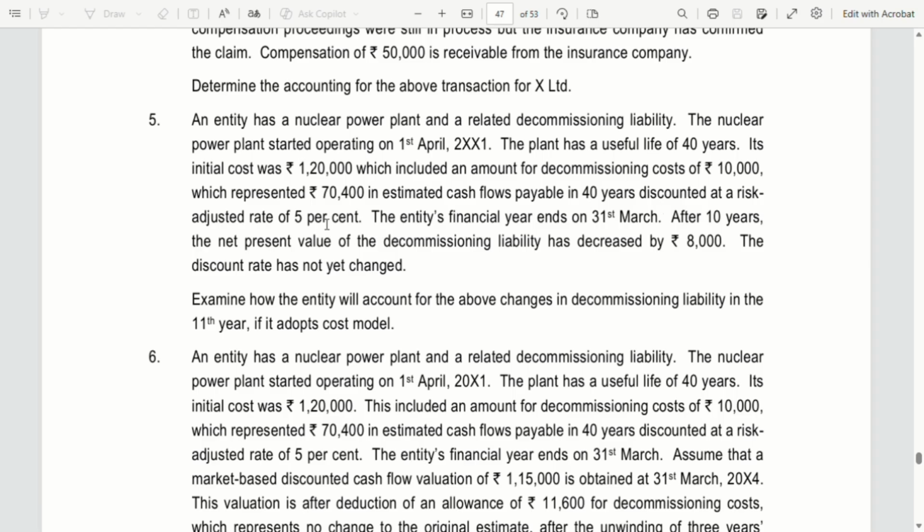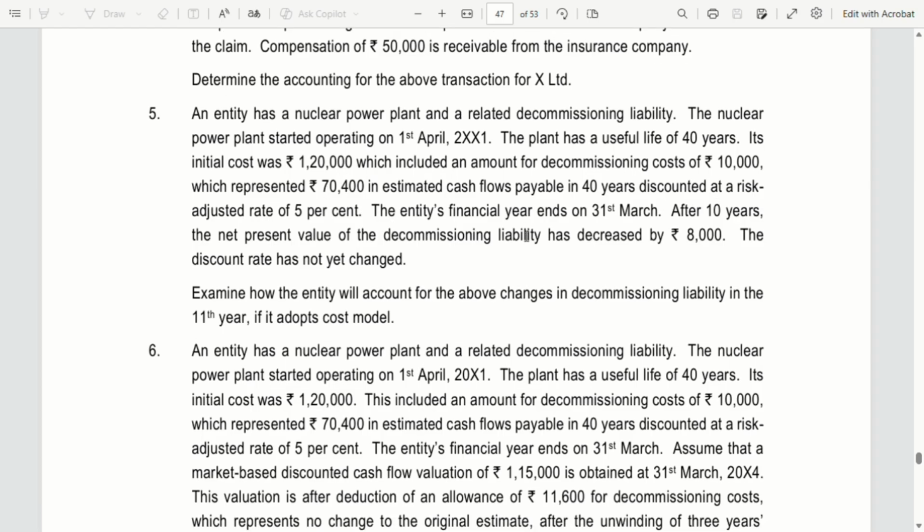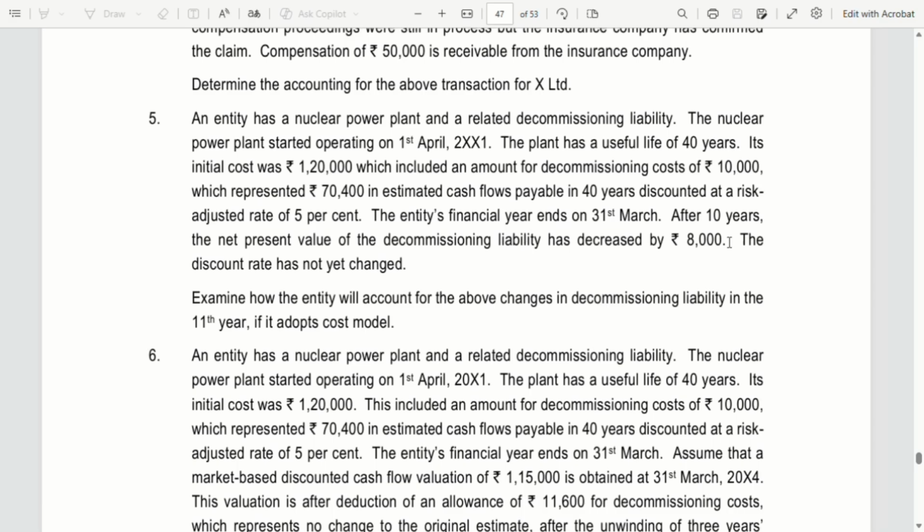The discount rate adjusted is 5%. So this is the PV, the present value given, of the 1,20,000, which is payable after 40 years. The entity's financial year ends on 31st March. After 10 years, the net present value of decommissioning liability has decreased by 8,000.